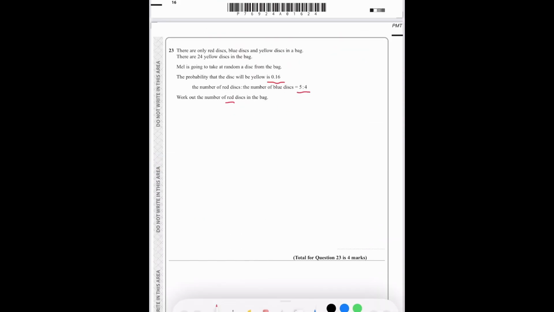Discs, blue discs and yellow discs in a bag. There are 24 yellow discs. Mel is going to take at random a disc from the bag. The probability the disc will be yellow is 0.16. The number of red discs to blue discs is 5 to 4. Work out the number of red discs. So firstly, we can find the total number of discs, because the total times the probability it's yellow, 0.16, gives us the number of yellow, which is 24.